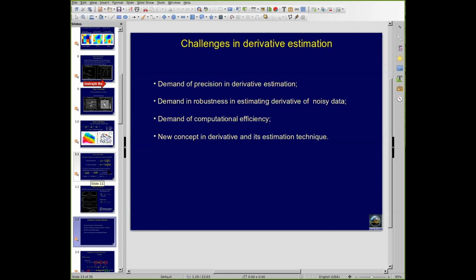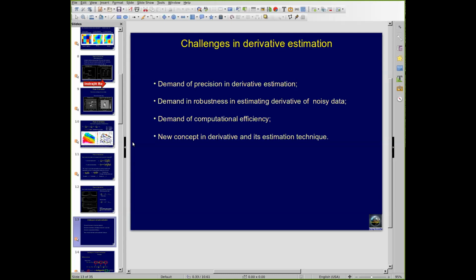Normally we need that, especially for sensitivity matrices in case of inverse problems. There is also the demand for robustness in estimating derivatives for noisy data, because the data is not always smooth, we always have some kind of noise, and derivative is very sensitive to the noise.